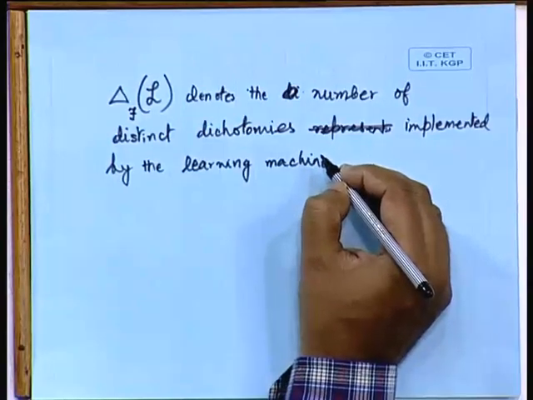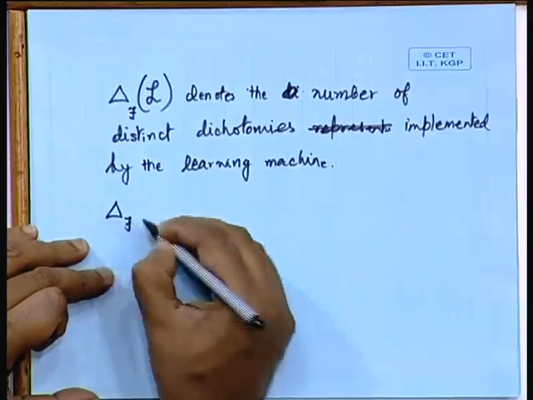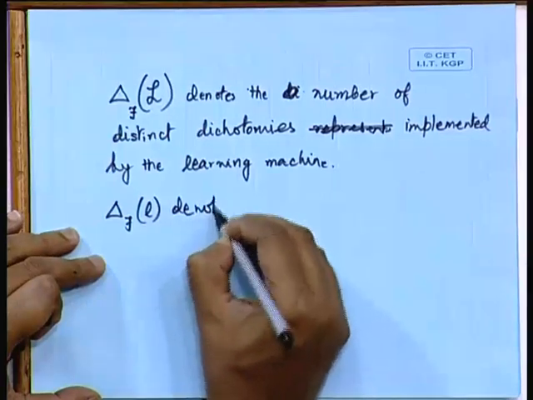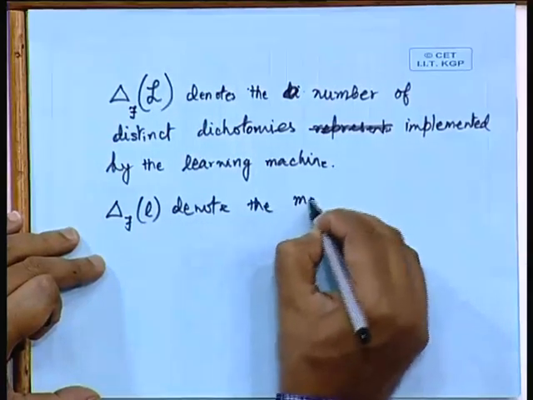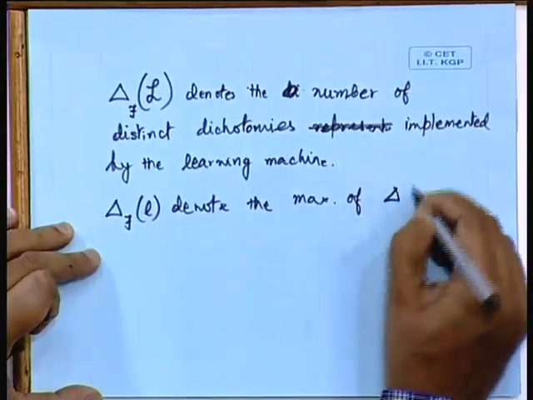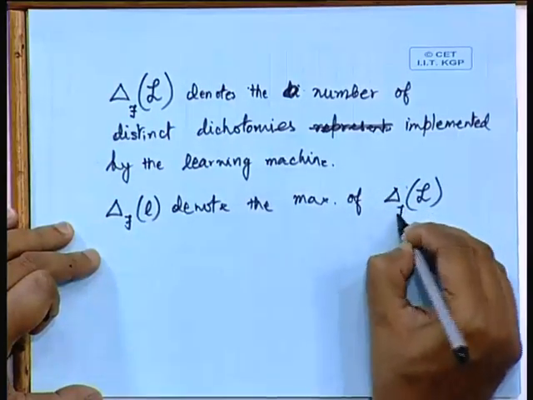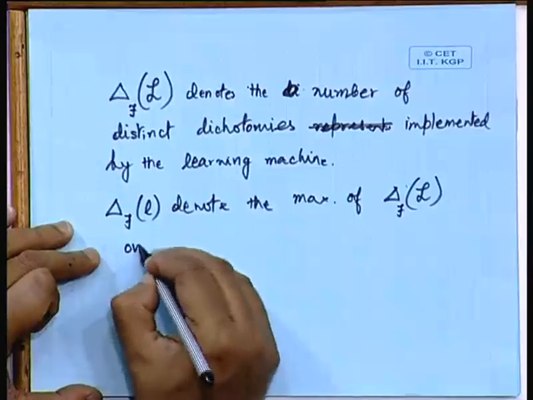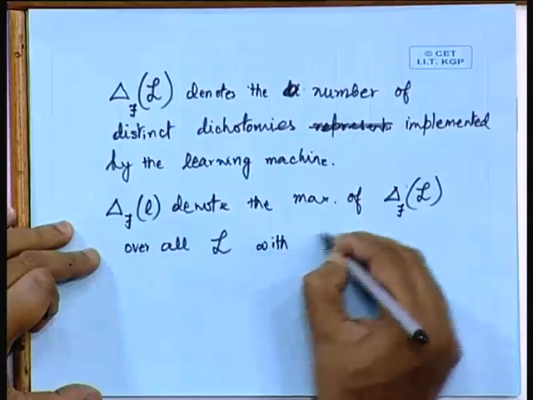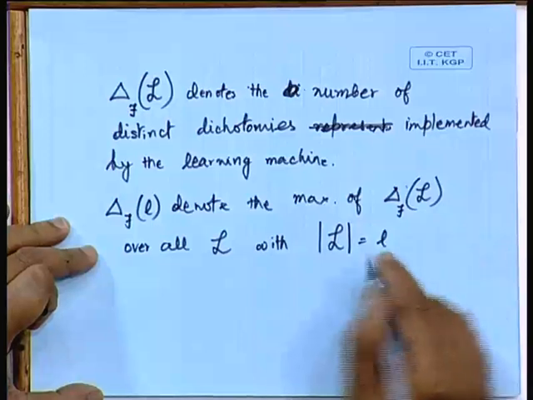And let us say that delta f over small l denotes the maximum of delta L suffix f, over all L with the cardinality of L equal to small l.